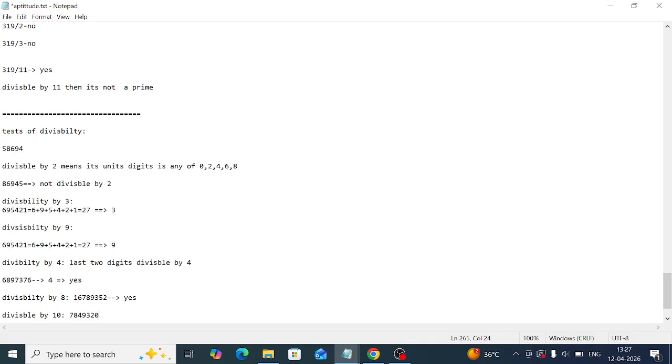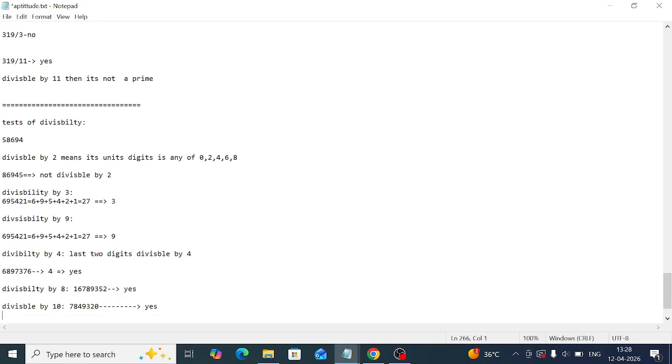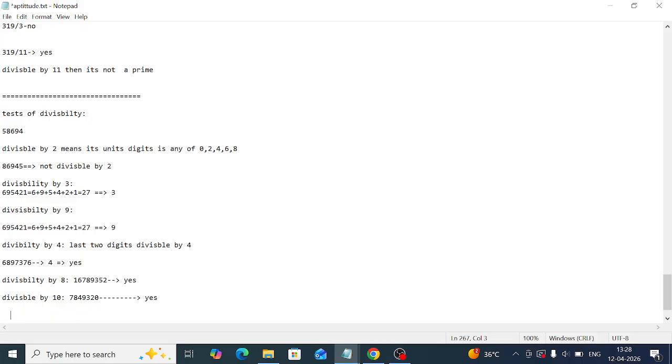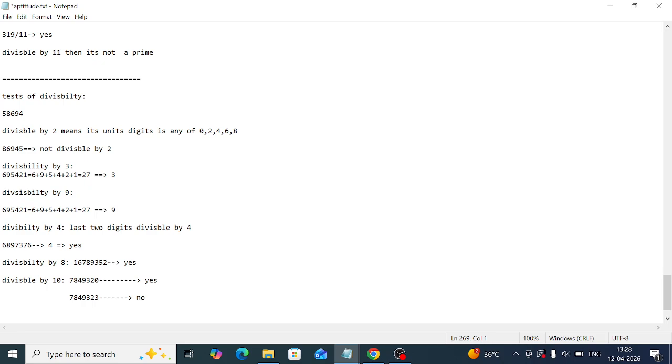Whenever the last units digit is 0, then it is divisible by 10. Otherwise, if I give the same number but the units digit is not 0, say 3 or something, then it is not divisible by 10. Only if the last digit is 0 is it divisible by 10.